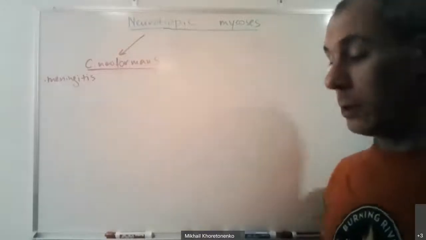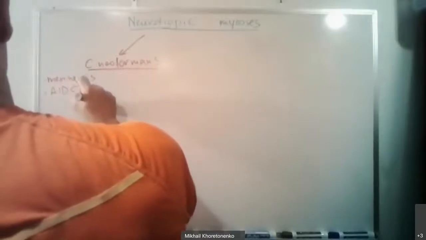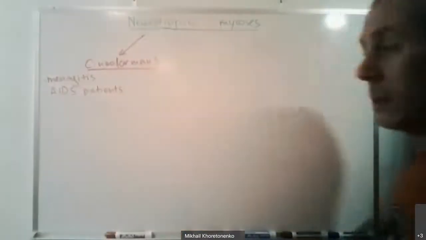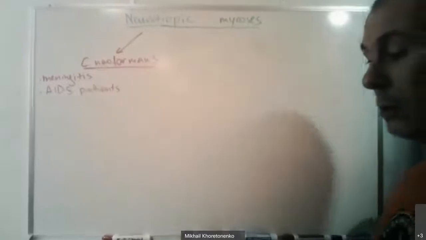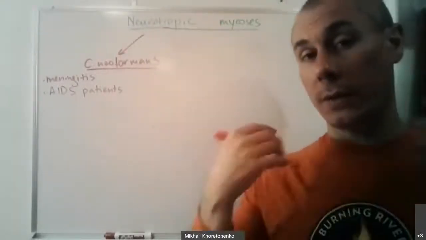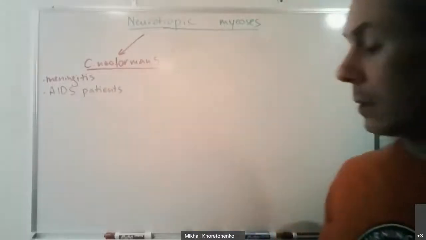Now, this meningitis affects mostly AIDS patients. It's a so-called hallmark infection of AIDS patients. Just like any other meningitis, it is characterized by stiff neck, high fever, confusion, headaches.